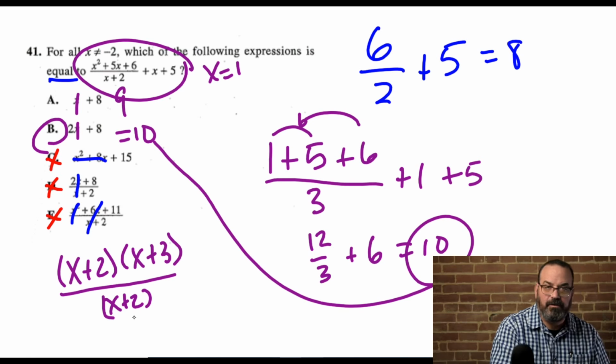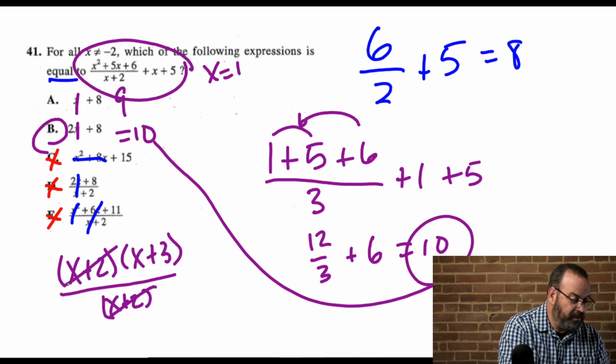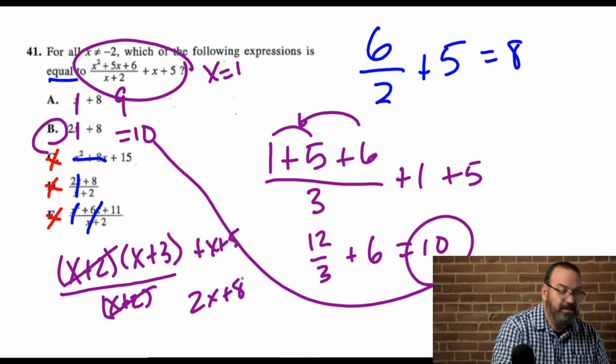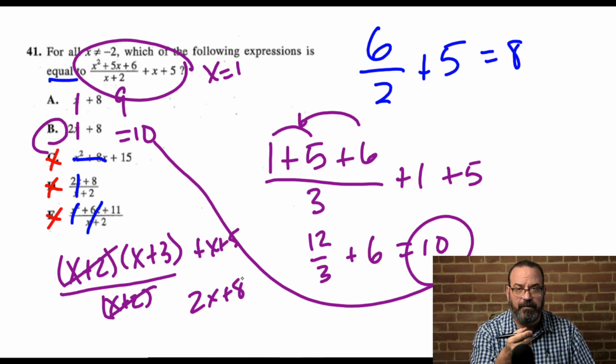The reason I knew it factored into x plus 2 is they gave me x plus 2. Well, x plus 2 cancels into x plus 2 and gives me 1. And x plus 3 plus x plus 5 is 2x plus 8. So if you're good at algebra and you can factor, this wasn't really that hard of a problem.